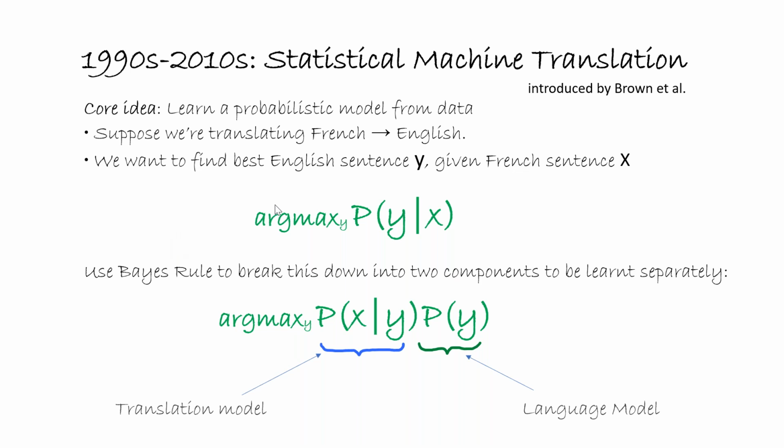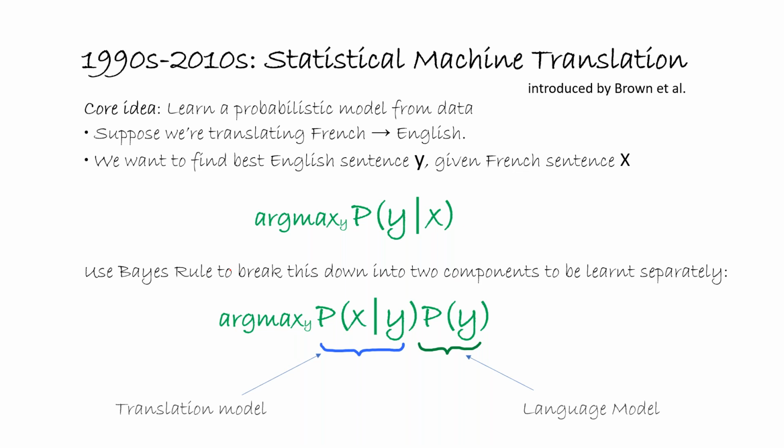We need to predict the English sentence given a French sentence, or given a Chinese sentence, right? The probability of each word in a sentence is what we solve using statistical machine translation. Primarily that's the purpose. We want to find the best English sentence y given a French sentence x, so we find the argmax over y of P(y|x), right?